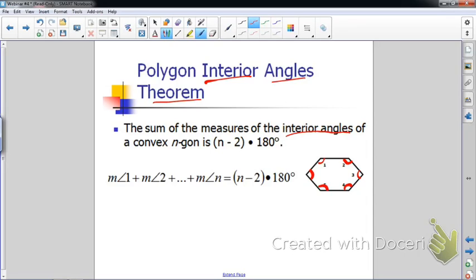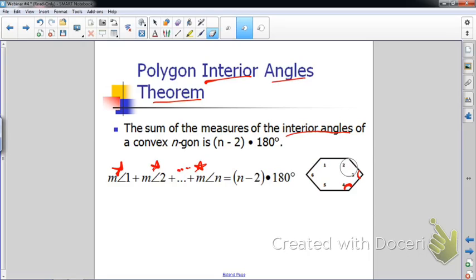So this is the formula that is given to you. We kind of talked about this in class, if you remember. If you add up all the interior angles that you have, it comes out to be this formula: the quantity of n minus 2 times 180 degrees.